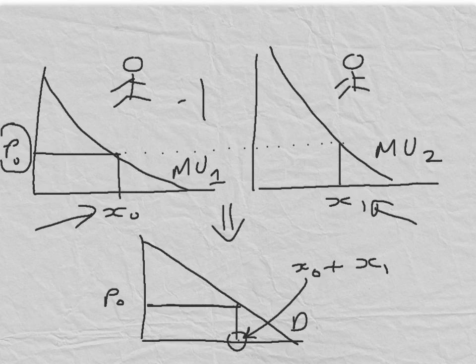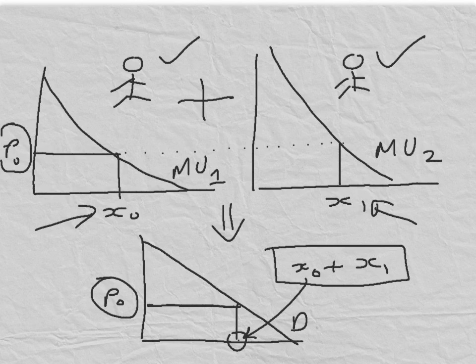So if we were somehow to add these two marginal utility curves together, we would get the market demand curve shown here, where it shows us that at this price, the two consumers together, this one and this one, would buy a total amount of X0 plus X1.